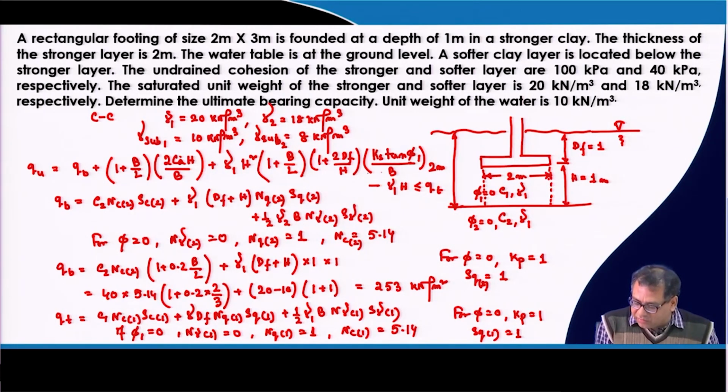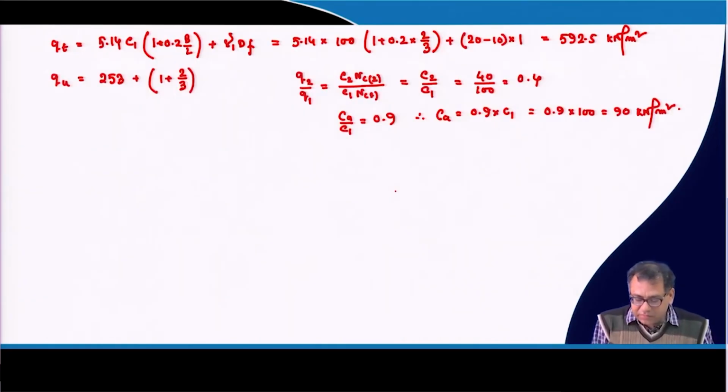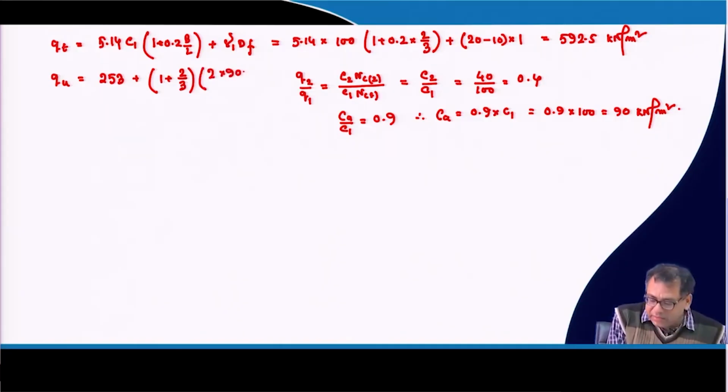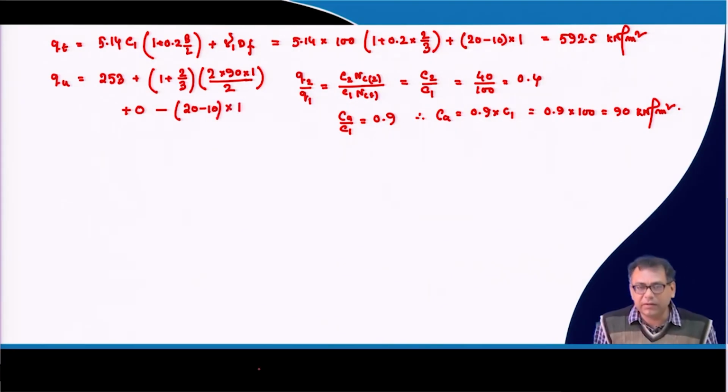This term is 0, as I mentioned, since phi 1 is equal to 0. So, it is only this term, and then minus gamma 1 h, because we have taken the h contribution during QB calculation, so we have to subtract. So, this is 2 by 3 into 2 into 90, with df equal to 1 and b equal to 2 meter, then plus this whole term which is 0, then minus gamma 1 into h, where we have to consider the effective unit weight, and h is equal to 1.